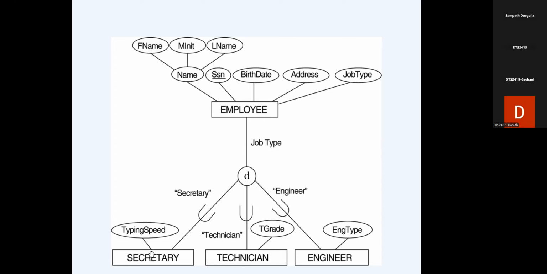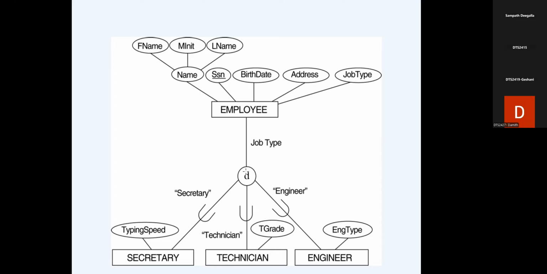And the subclasses are created based on the job type. Why do we put job type here? Because you can have many configurations like job type. I'll come to another example where I will show you. Then there will be a letter indicating whether they are disjoint or whether they are overlapping.